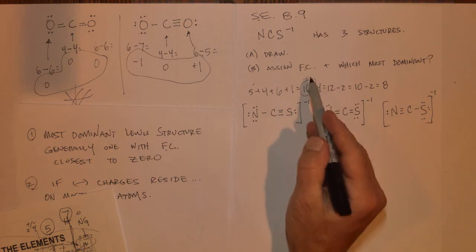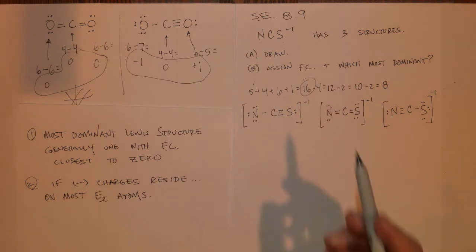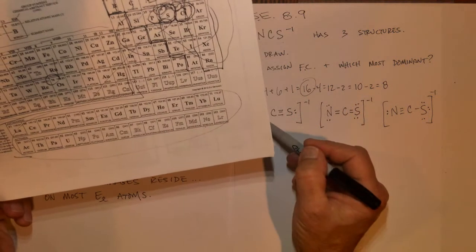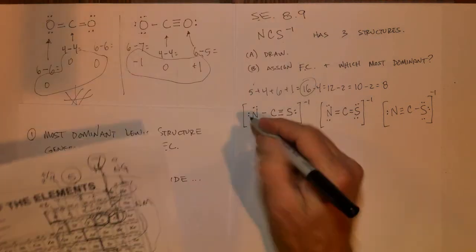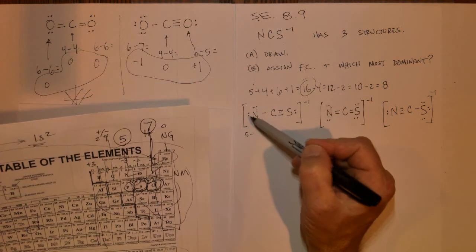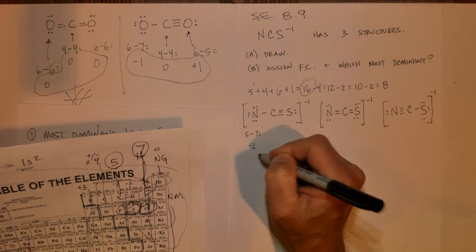Well, let's assign formal charges. The rule for assigning formal charges, remember, is to find the difference between the number on the periodic table, nitrogen would be 5, minus the number assigned on the Lewis dot structure. So 2, 4, 6, 1 from a bond, 7. 5 minus 7 is -2.